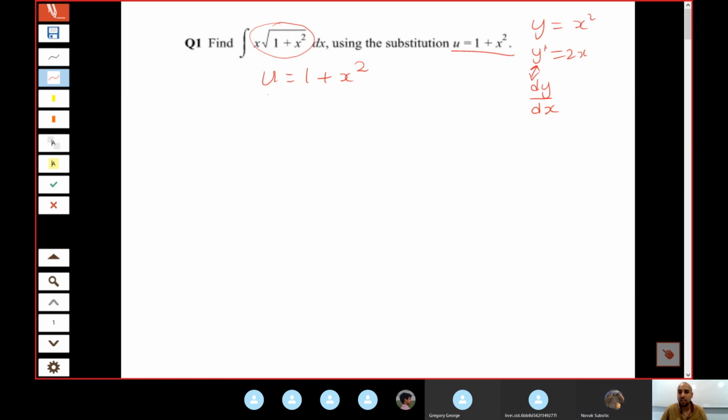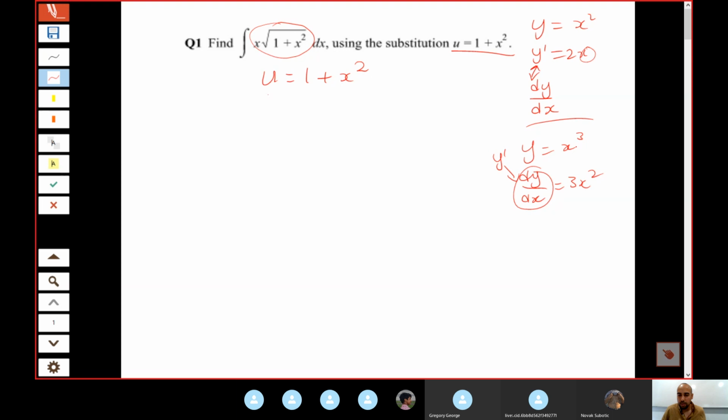Let's do another one. If I said y equals x cubed, dy on dx becomes what? 3x squared. So dy on dx just means y dash.